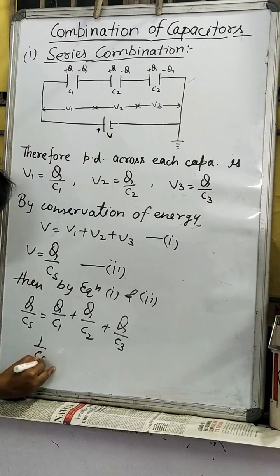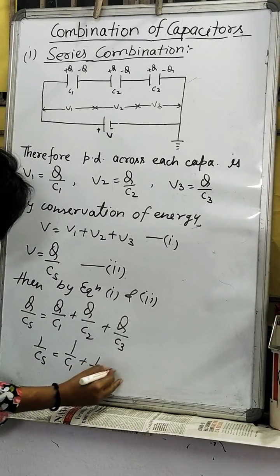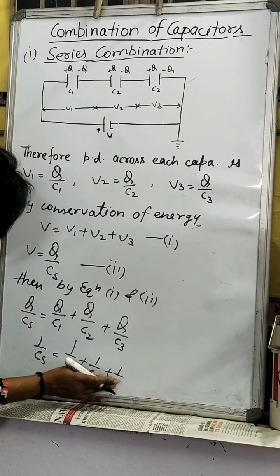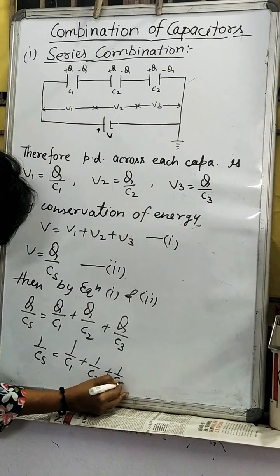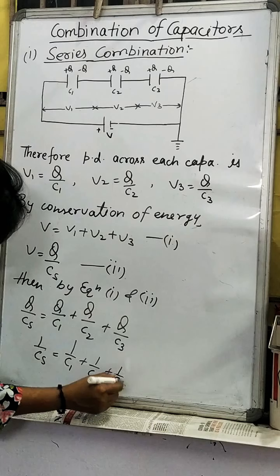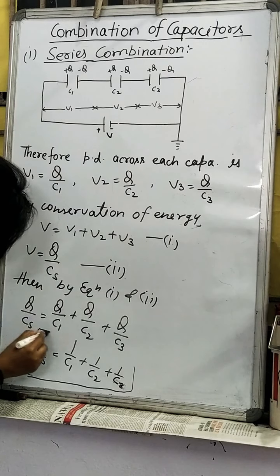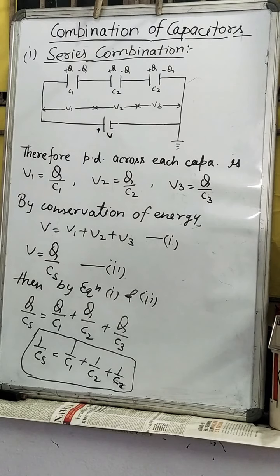Then 1 upon CS equal to 1 upon C1 plus 1 upon C2 plus 1 upon C3. That is the resultant of the series combination of capacitors.